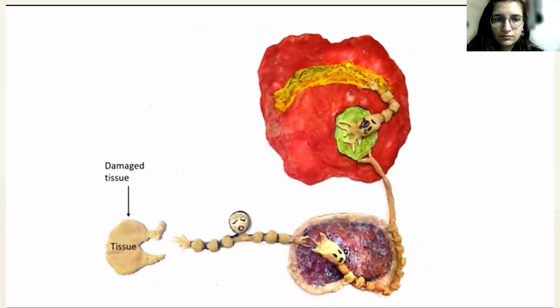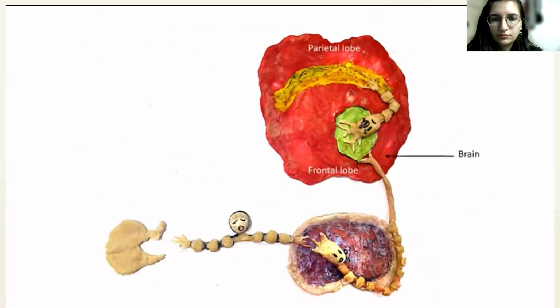The structures involved in this model are the unknown damaged tissue, the nociceptor or the first-order neuron, the second-order neuron, which is in the spinal cord, and the third-order neuron in the thalamus in the brain. And then you'll have the somatosensory cortex. When a tissue is damaged, it secretes chemicals.